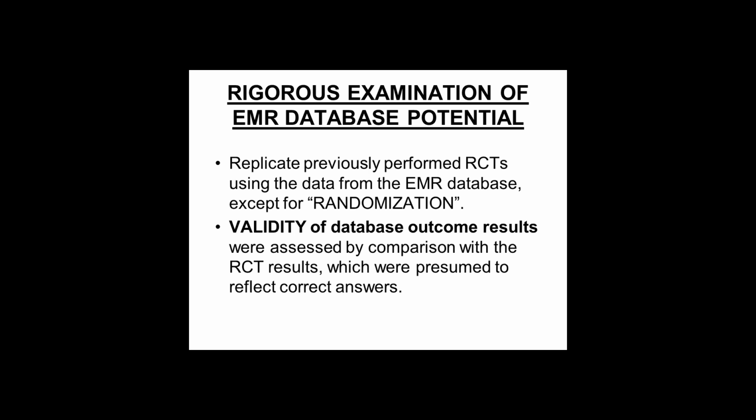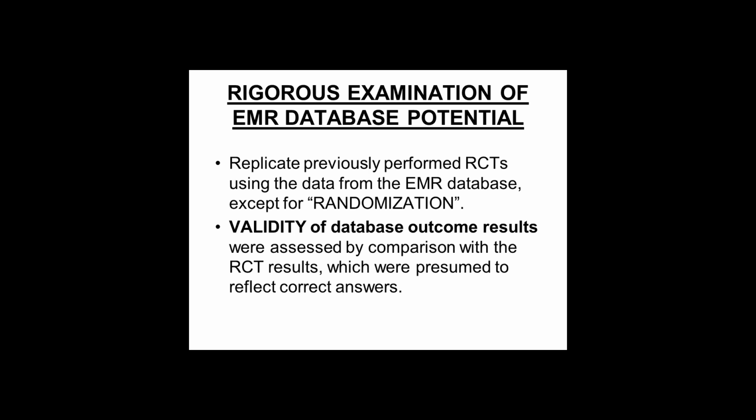Now, the key is randomization makes randomized controlled trials work because the treated and the untreated groups have all the same characteristics, and it's a flip of the coin as to who gets in what, but in the aggregate, they all are the same.